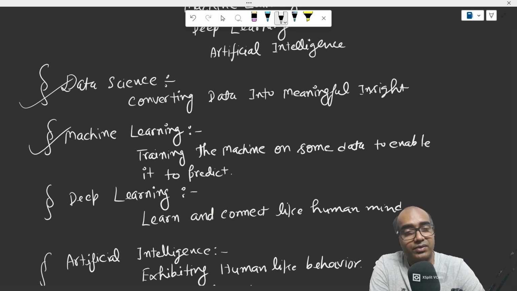Suppose you are doing machine learning for predicting the crop in your farm, right? In your farm you have some crop, like potatoes, right? So you are giving some data, like if I put this much fertilizer to my farm, then the potato yield becomes twice. If I put this much, then potato yield becomes this much, right?